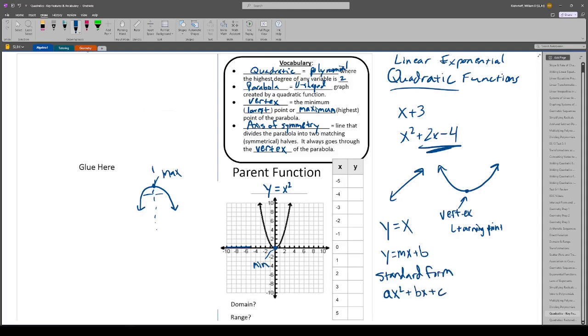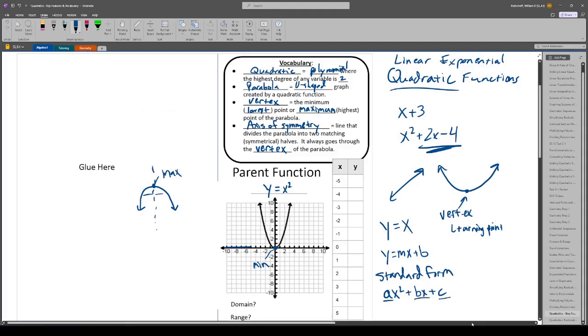In this case, for our parent function, a is equal to 1. We just have 1x squared, and we zero out these other ones. There's no b and no c. Kind of like in our parent function, y equals x, the b, the y-intercept, was 0, and the slope was 1. Same exact kind of thing. So standard form for quadratics is a lot like slope-intercept form, which was the first linear form we learned about.